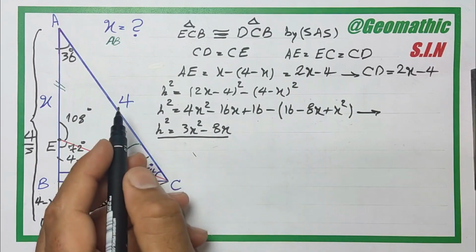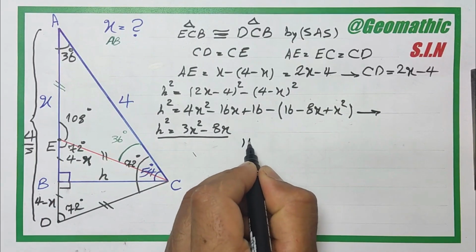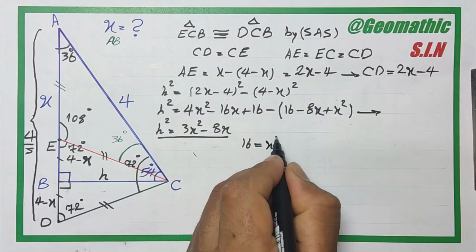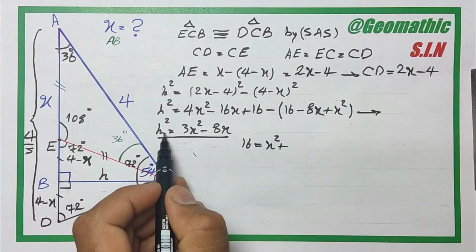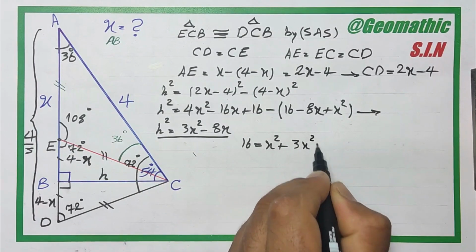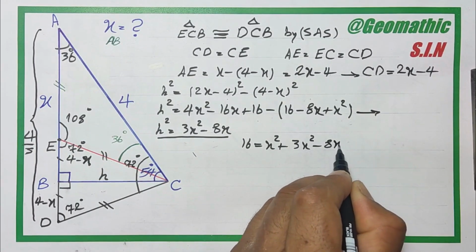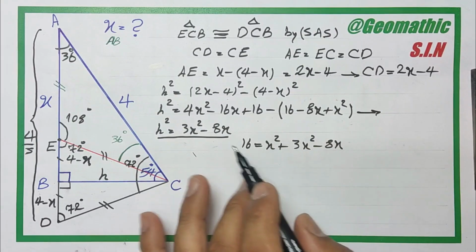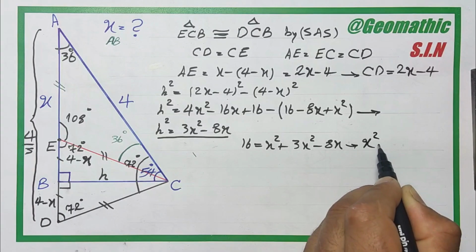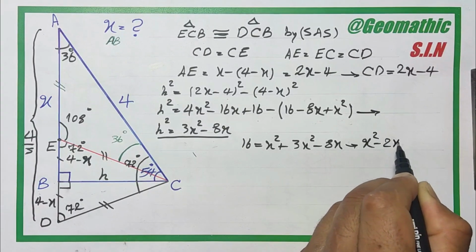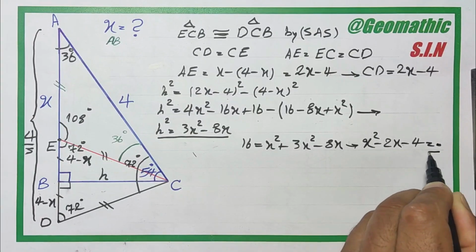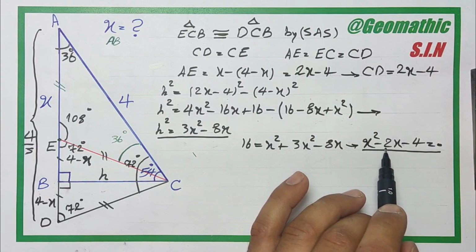So I write the hypotenuse squared, 16, equals X squared plus H squared, which is 3 times X squared minus 8 times X. Let's divide all by 4, and we have X squared minus 2X minus 4 equals 0. And this is the main quadratic equation we have.